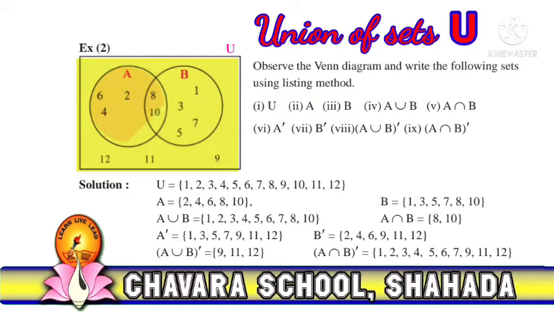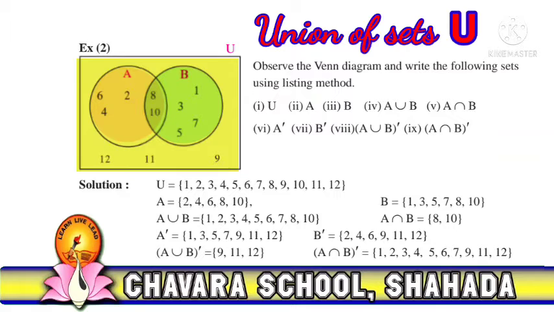Set B is equal to {1, 3, 5, 7, 8, 10}. Set A union B is equal to {1, 2, 3, 4, 5, 6, 7, 8, 10}. Set A intersection B is equal to {8, 10}.